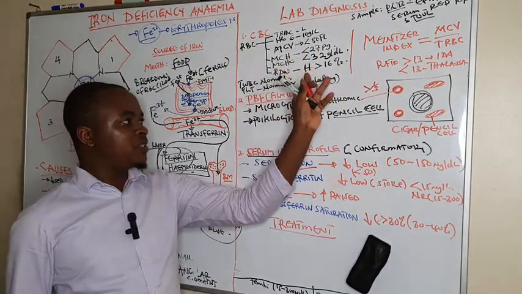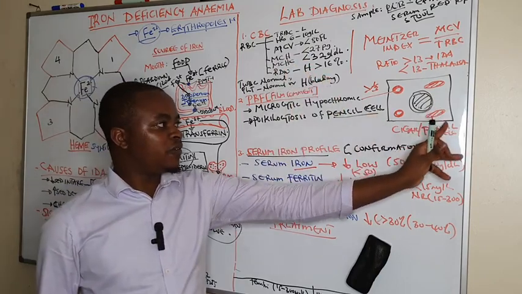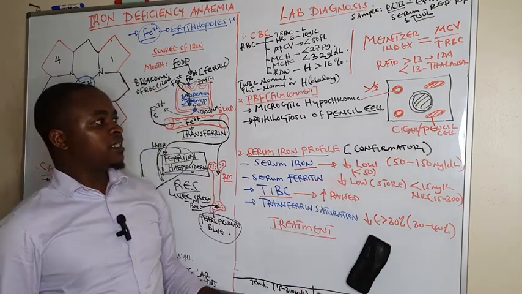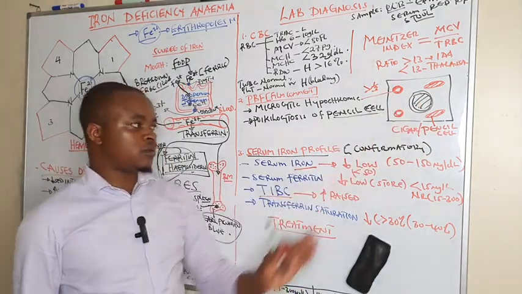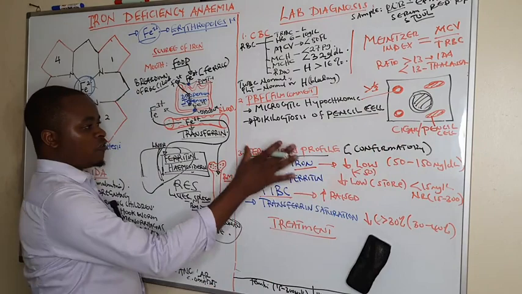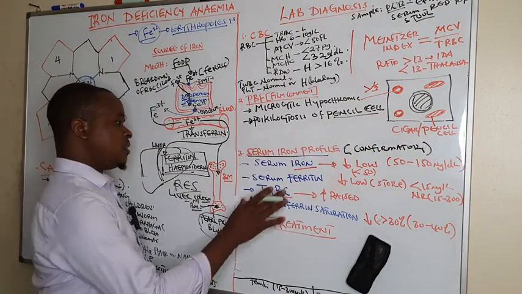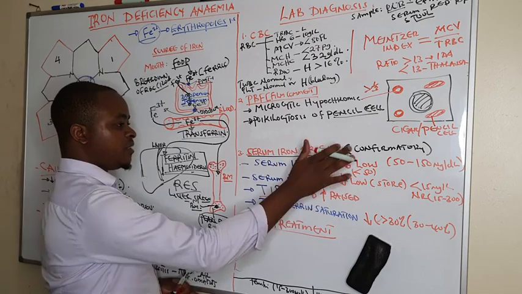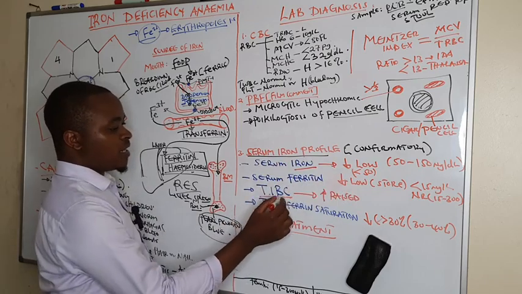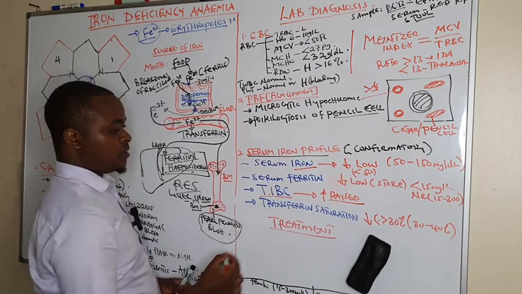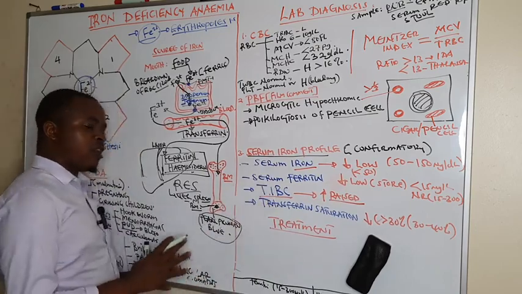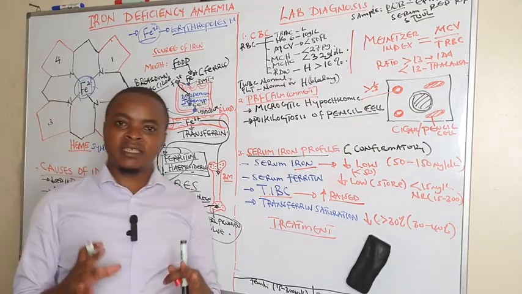Then RDW is high due to the different shapes, so there is even some anisocytosis. Then we have the confirmatory serum profile, where serum iron and ferritin are low, and the total iron binding capacity is raised. So these are the ones that confirm that someone really has iron deficiency.